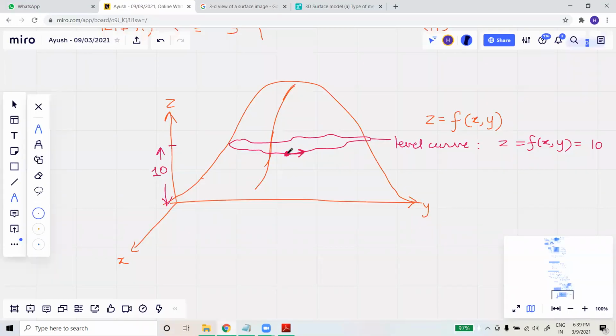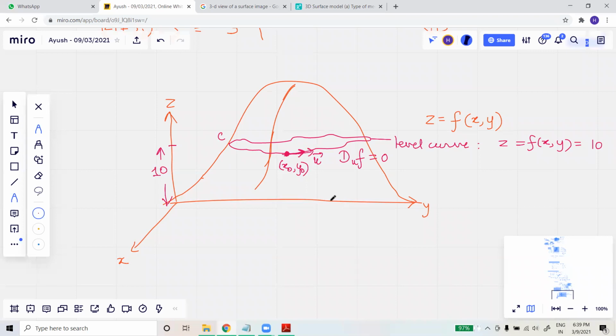So basically, if you take this particular direction u, the directional derivative of f along u, the tangent to the level curve, is 0 because it's not changing.